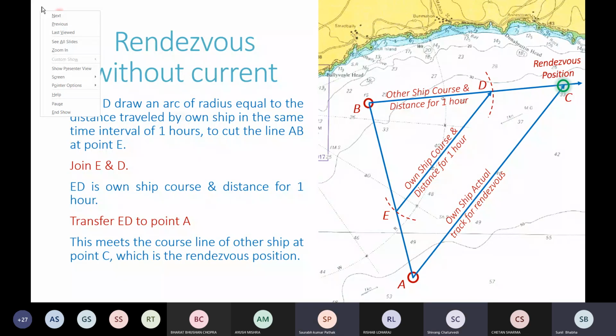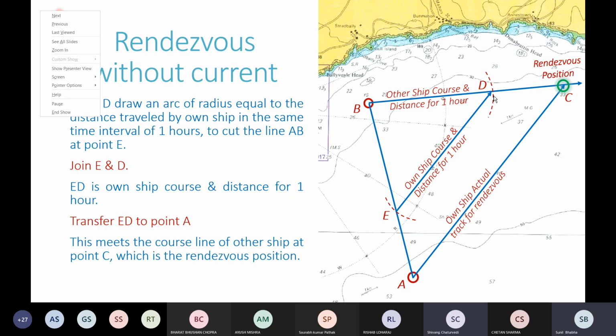Sir, could you tell me once again this point E, where you cut? Which point, beta? Point E, sir, point E. Okay. Up to point D is clear, beta? Yes sir. Okay. Beta, when you get this point D, you have the Bravo Delta vector, which is the course and distance vector for the target ship for 1 hour.